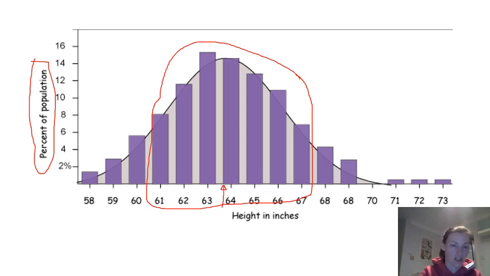Then you've got the extremes of the shortest people over here. Not many people in the country, less than 2%, are 58 inches, and again over here less than 1% of people hit over the 71 inches. So as you can see, we've got a spread of data.